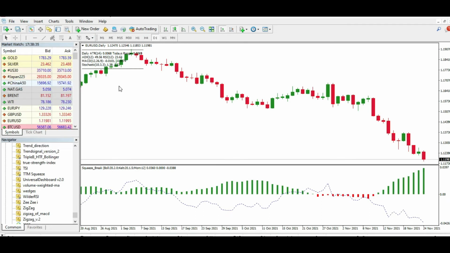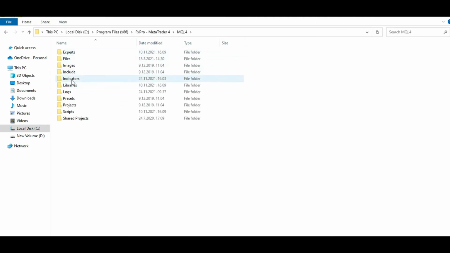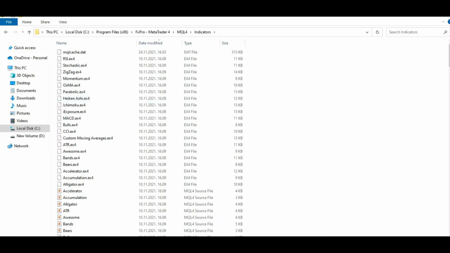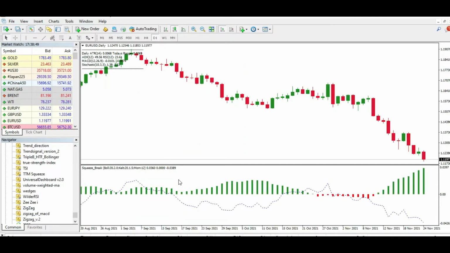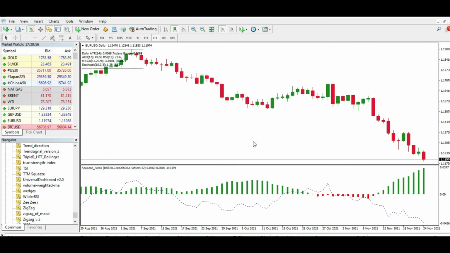Open the data folder, find the indicator directory, and here we can put this indicator. Now let us see when we add this indicator, TTM Squeeze, on the chart in MetaTrader 4, how we can use it, and the wrong and good way of using it.